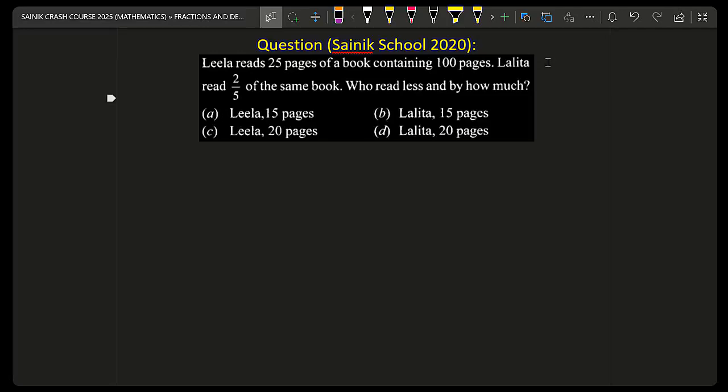Sir, Leela reads 25 pages of a book containing 100 pages. Lalita read 2 by 5th of the same book. Who read less, by how much? Okay. How can we solve this? Sir, Leela has read 25 pages.